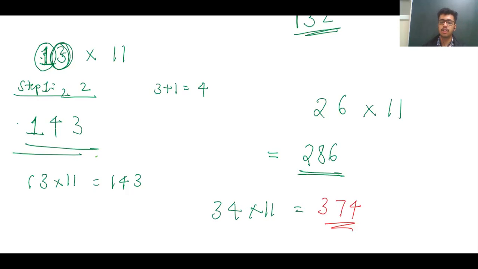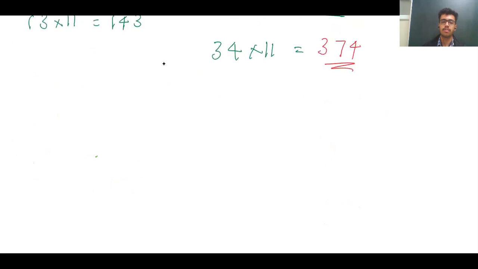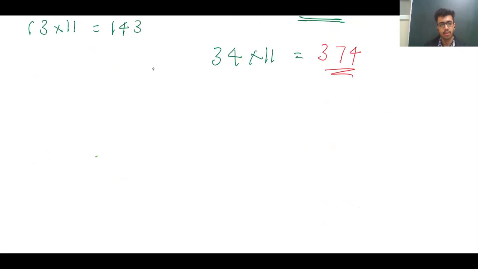But what if the number is a little bit bigger? For example, let's say 37 into 11. 37 into 11 is how much? Do it the normal way. 400. 400, yes. So if you do it the normal way, you will get 407.